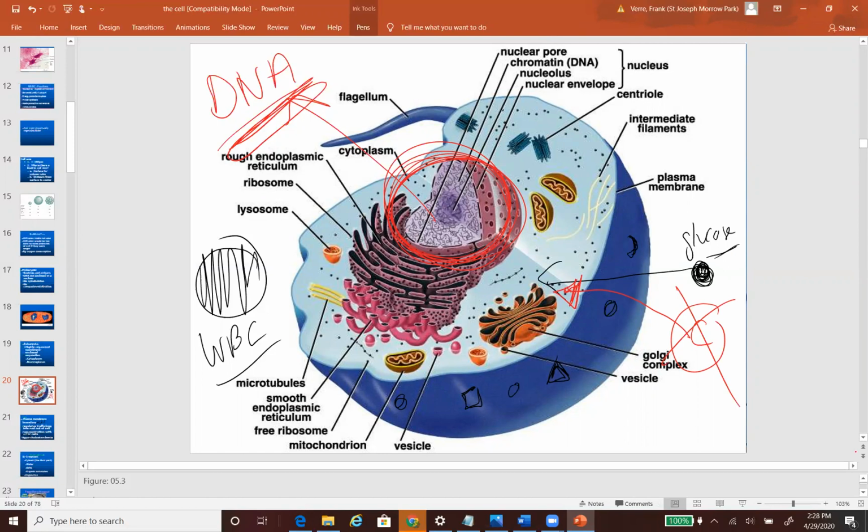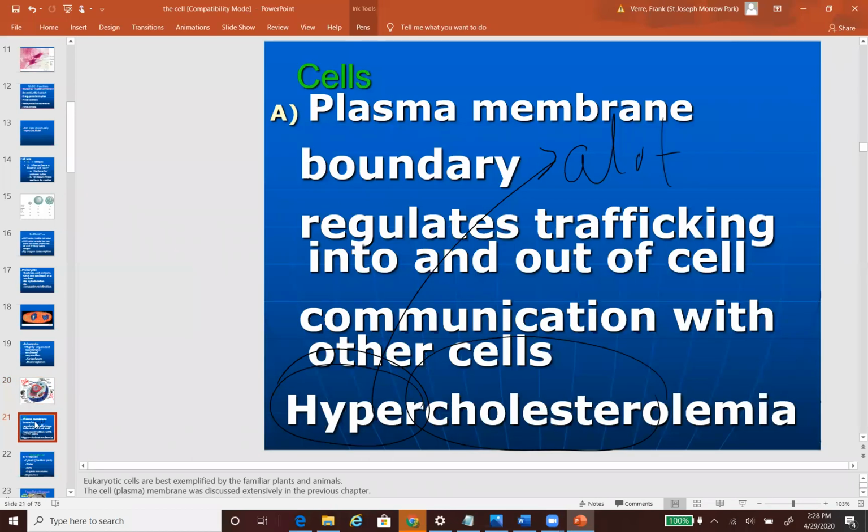The problem with hypercholesterolemia is there's a defect in the surface of the cell that allows the cell to bring in the cholesterol. So if the cell's job is to remove the cholesterol, but we have a defect, and the defect is in the cell membrane of the cell, and it can't take in the cholesterol, then what happens is you have a patient that has too much cholesterol running through their body.